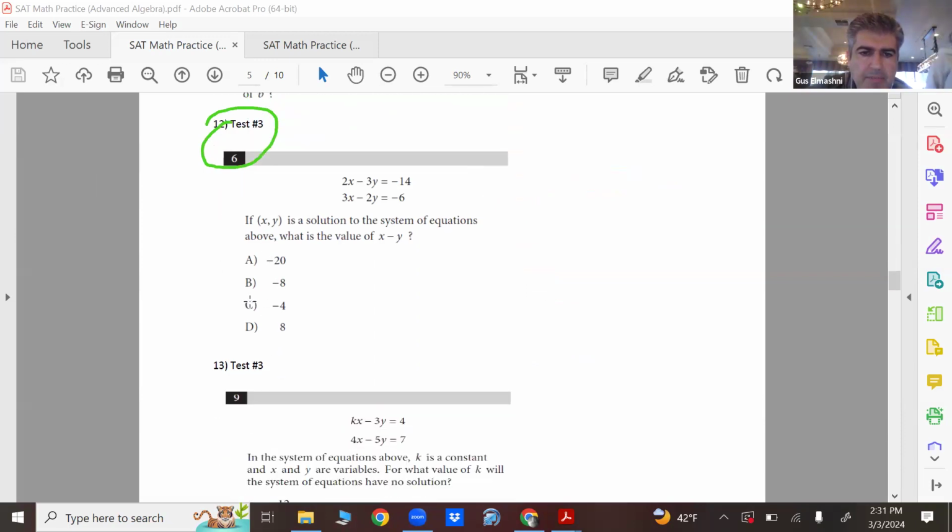Let's do 6. 6 is another good one where we use Desmos. We gotta find the point of intersection.